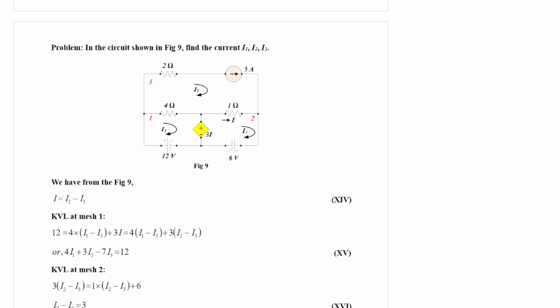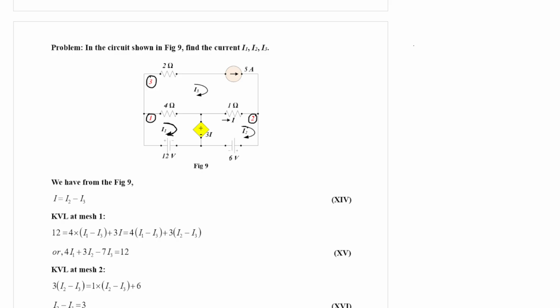Now consider figure 9. It is a figure with three meshes as indicated here. Mesh number 1 is this, mesh number 2 is this, and mesh number 3. The current flowing through mesh 1 is I1, so I1 is called mesh current.